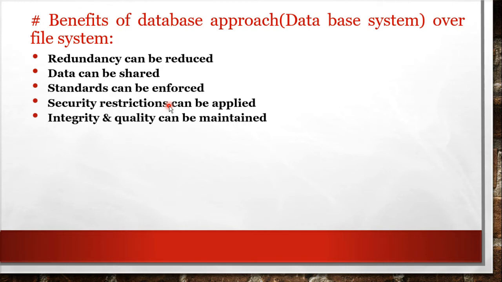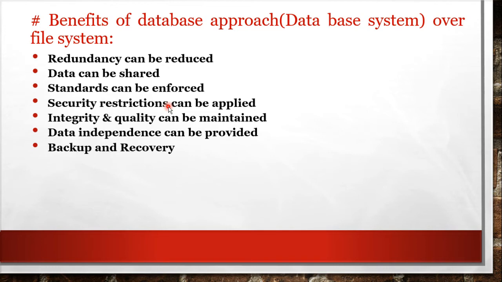Integrity and quality can be maintained with the DBMS system. Data independence can be provided. Backup and recovery options are there with the DBMS. Here data independence means if we are updating a record, other records are not disturbed.